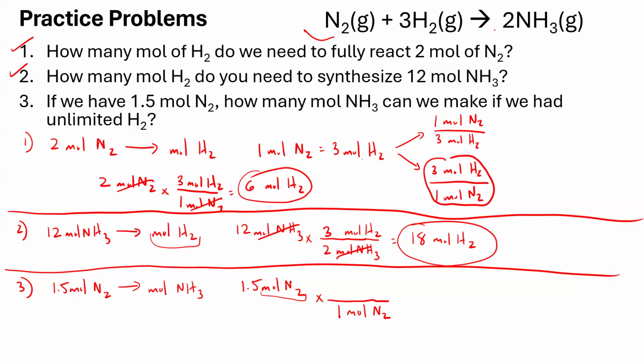We're trying to go to NH3, and here we are, 2 moles of NH3. Sorry, it takes a little bit. Look what cancels out. Moles of N2 cancel out, and we can make 3 moles of NH3.